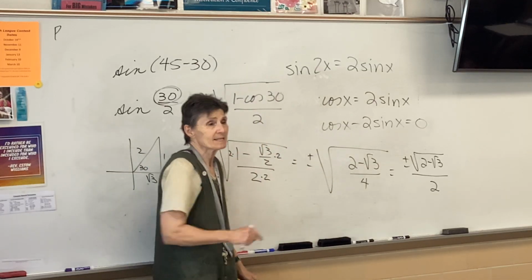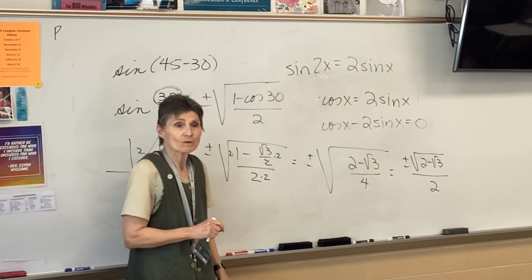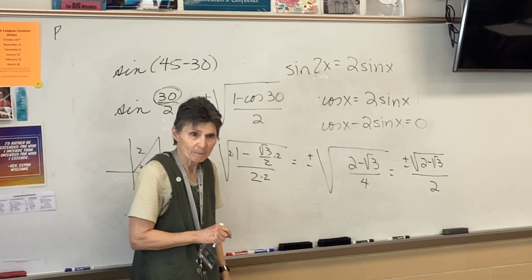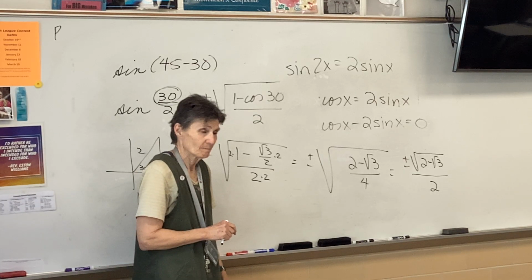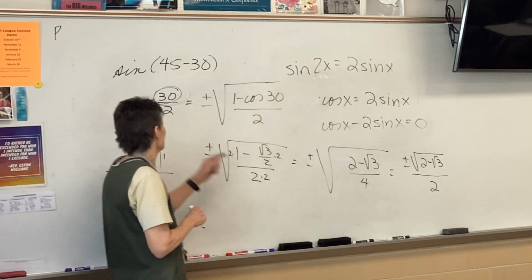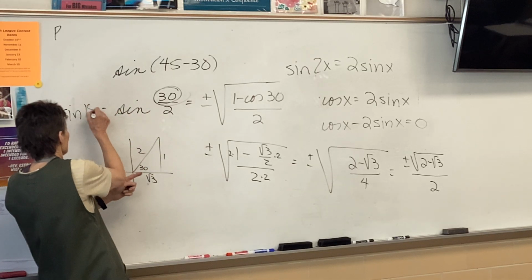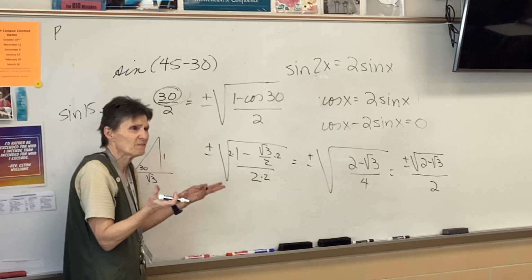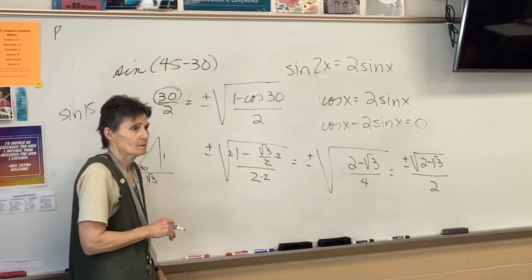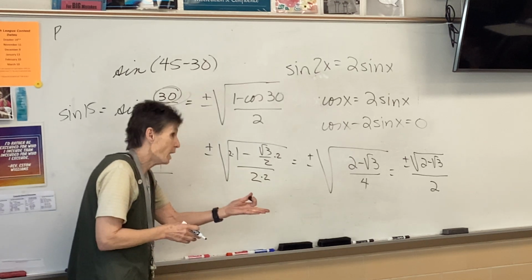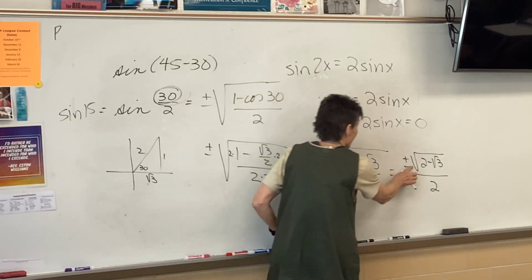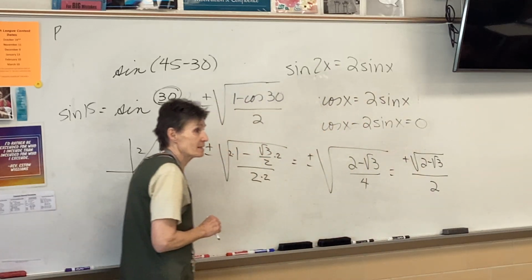And then the last thing I have to do is figure out, should this be a positive or a negative? Now think about what you're doing. You're finding the sine of 15. If you just drew 15 degrees, where would it be? It would be in quadrant 1, and in quadrant 1, everything is positive.